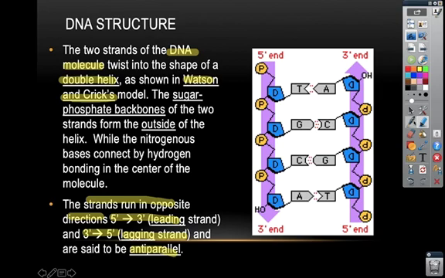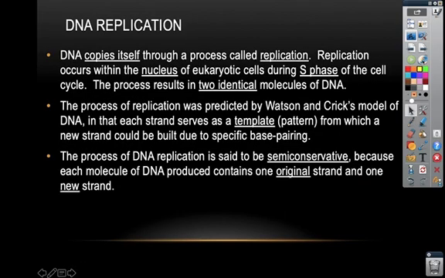And again, replication speed depends upon which strand is being replicated and how quickly it can move through. Okay, so remember when we talked about the cell cycle and mitosis, which seems like a long time ago, DNA actually copies itself during S phase.